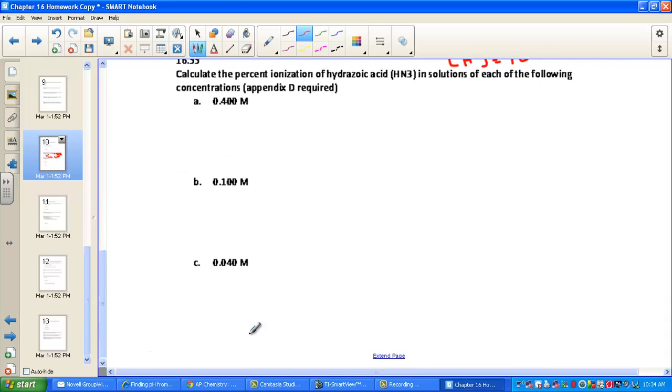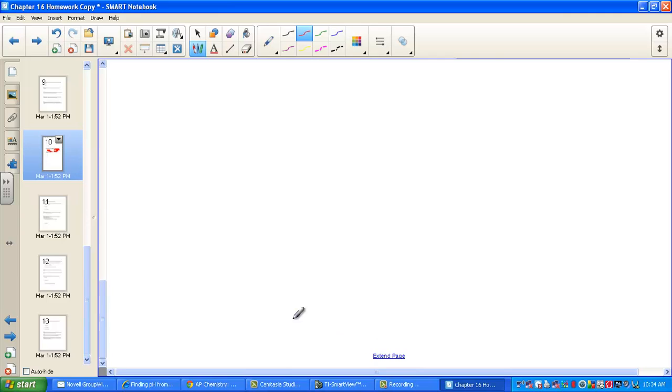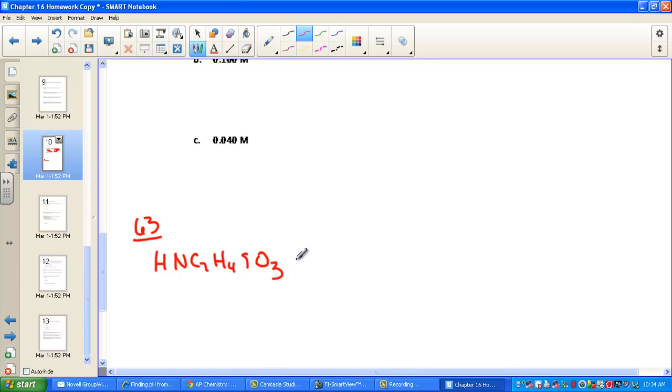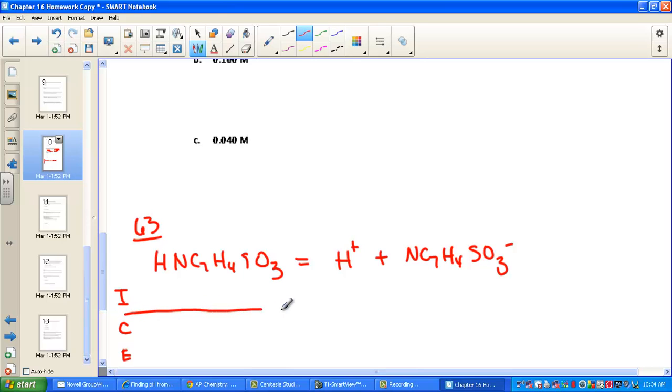There's the Ka value we can now plug into our expression. I'm going to come down and give myself some work room and set up an extended page where we can set up our equilibrium. So number 63 continued. We have our molecular form of the acid, and I'll rewrite the equation, HNC7H4SO3 in dynamic equilibrium with its conjugate acid and its conjugate base. We have an initial, a change, and an at equilibrium concentration.